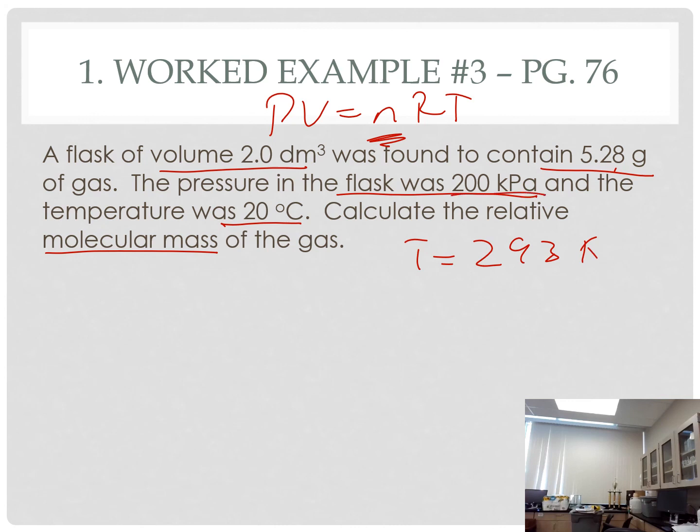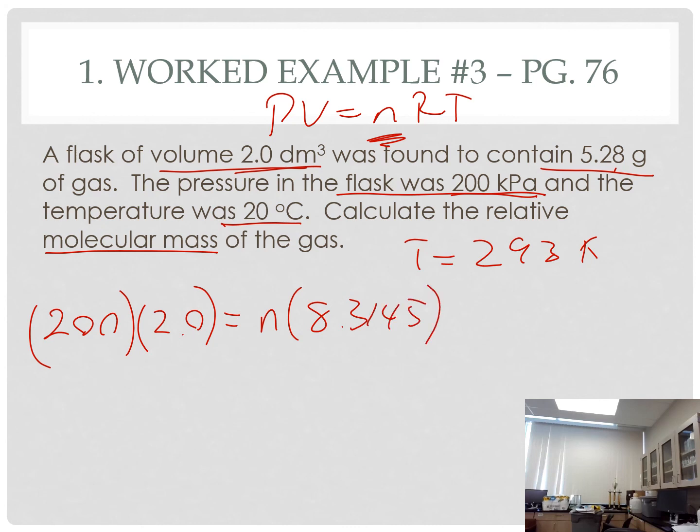Pressure's in kPa, volume is in liters, so we're ready to go. 200 times 2 equals n, gas constant, and temperature. Plug it in. What do we get? 200 times 2 divided by 293 divided by 8.3145. We get 0.164 moles.